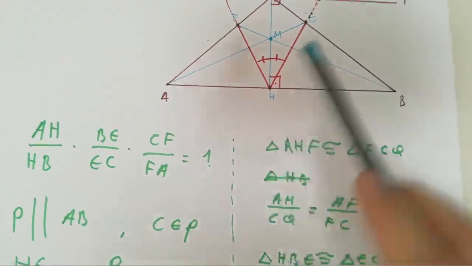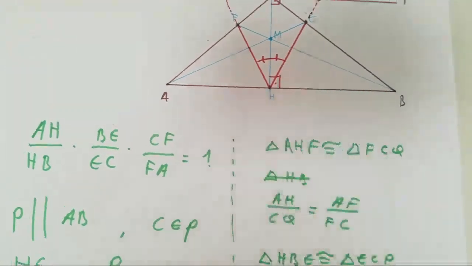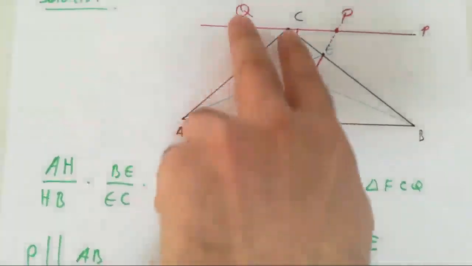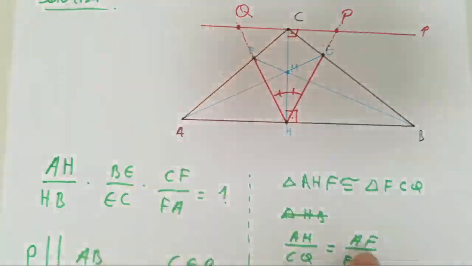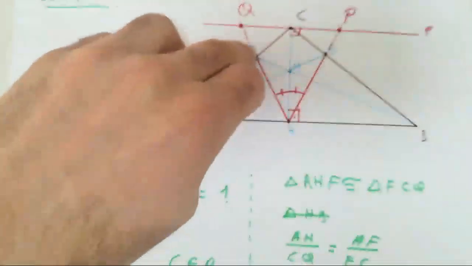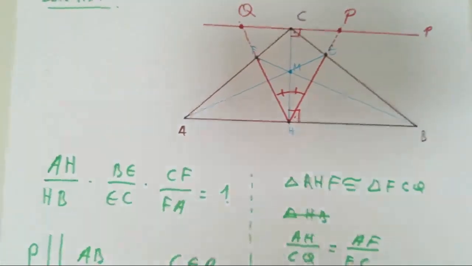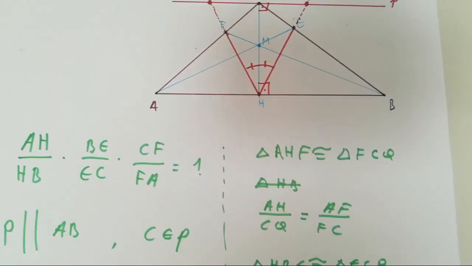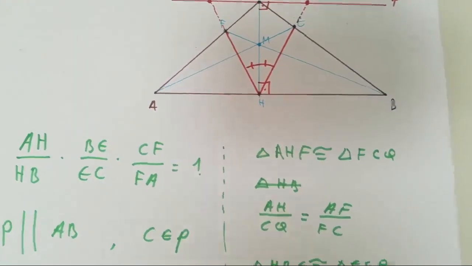So if these two triangles are similar, that means that their sides are proportional. AH over CQ is like AF over FC.